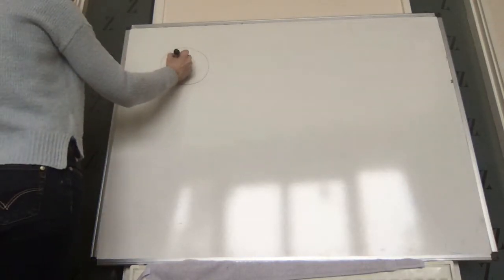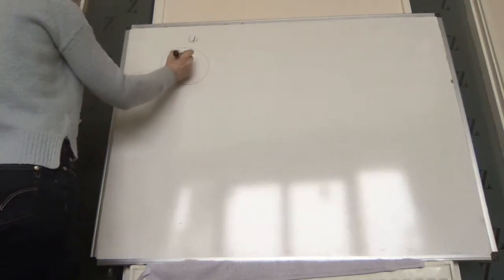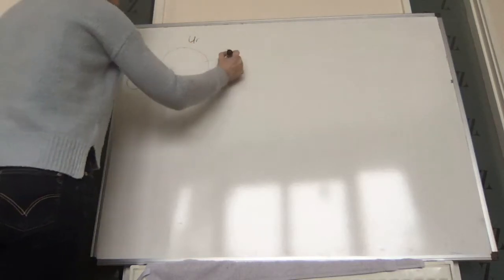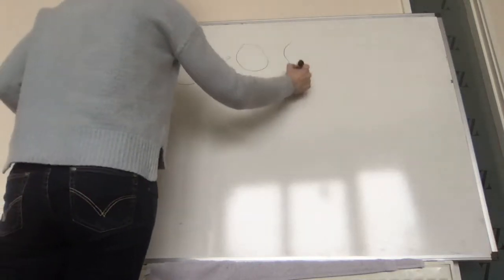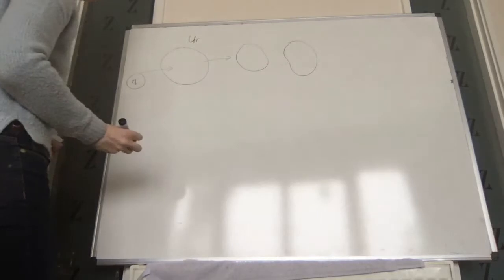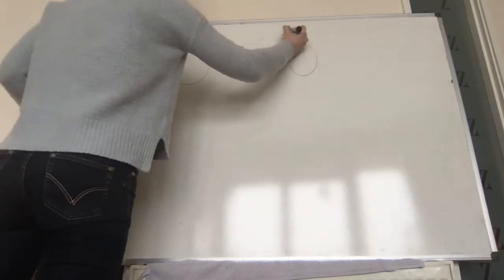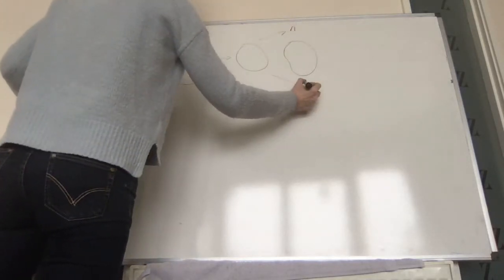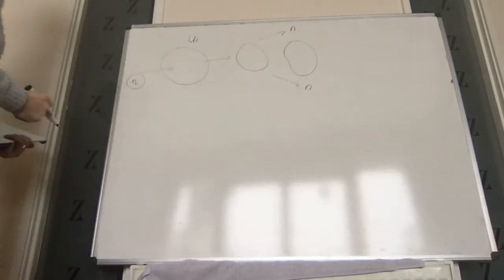So if this is the nucleus of the uranium, the nucleus can split into two nuclei of a similar mass, and also you will get two neutrons released in the process.